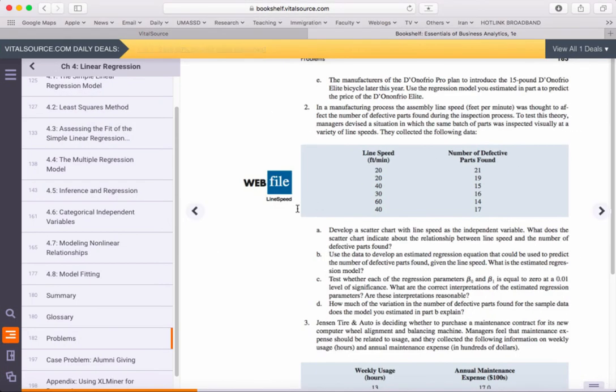In part D of the problem, it says: how much of the variation in the number of defective parts found for the sample data does the model you estimated in part B explain?